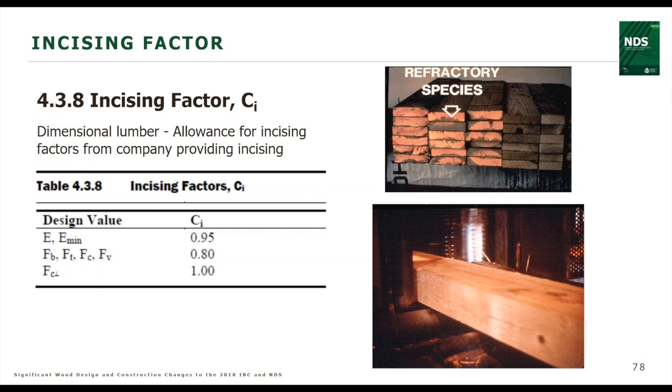The next change in chapter 4 is in 4.3.8, the incising factor section for C sub I. Incising is done on lumber that's being treated, and only for what we call the refractory species. That includes Douglas fir, spruce pine fir, and hem fir, but not southern yellow pine.